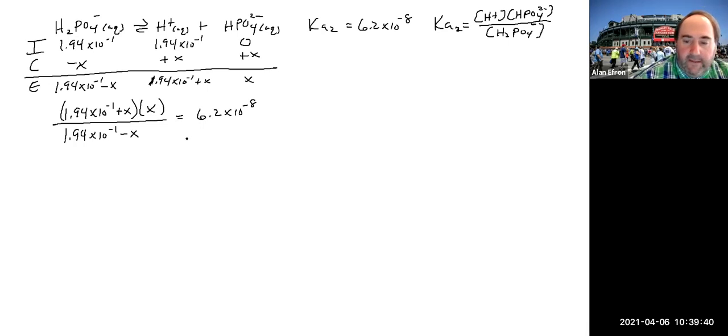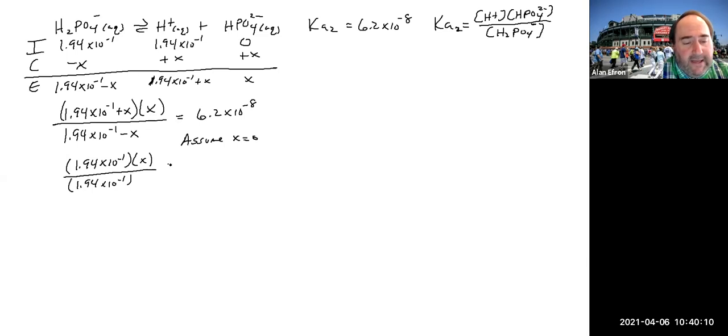At this point, we had good luck with the first one, so we will continue. We're going to assume X is equal to 0. Again, you cannot get rid of all the X's, but the X's that we're adding to a number or subtracting from a number, those are the X's that you want to get rid of. So that leaves us with 1.94 times 10 to the minus 1 times X divided by 1.94 times 10 to the minus 1, and that equals 6.2 times 10 to the minus 8.